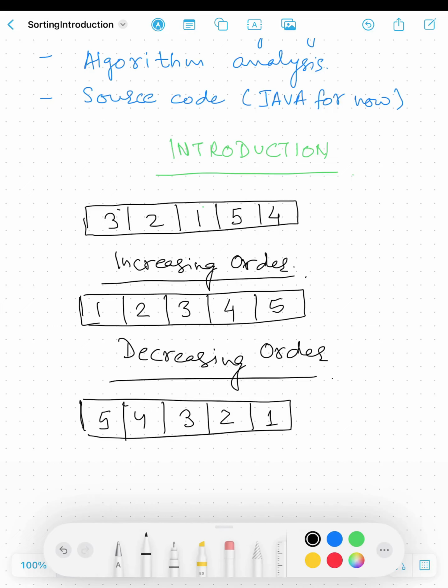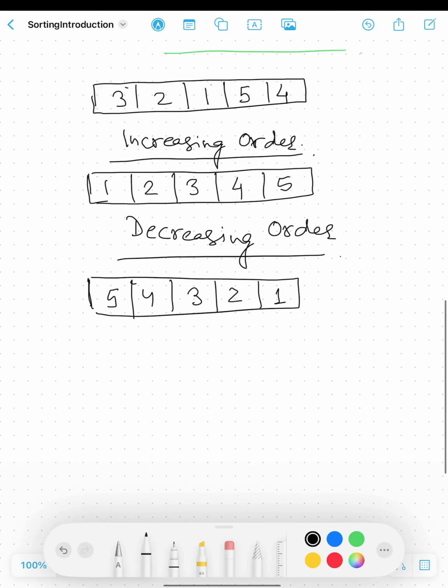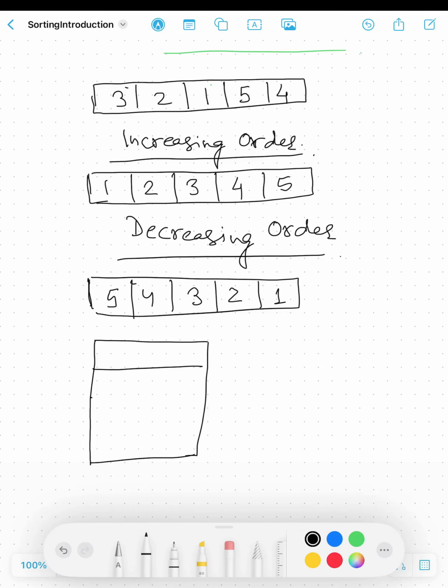This could be anything else. For example, if we have an array of strings, so let's say our array of strings looks like this, right?